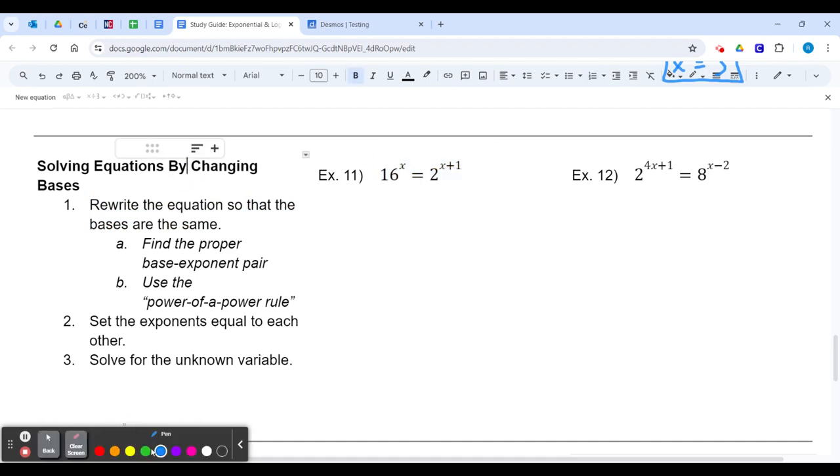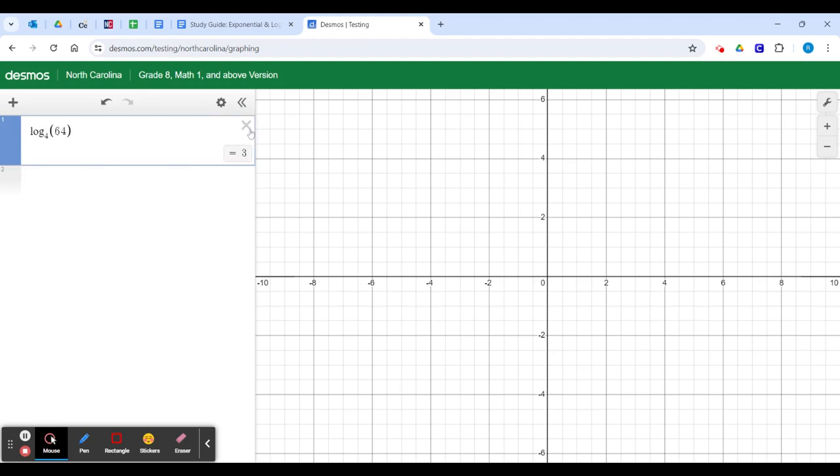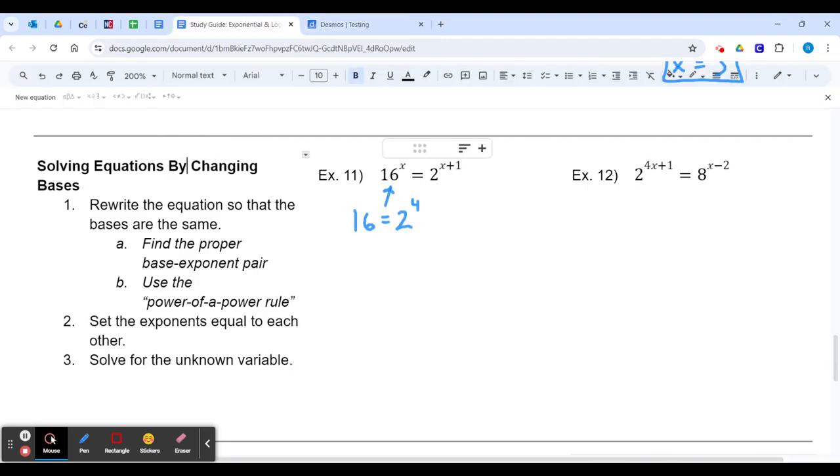So what I want to try to do is rewrite this 16 with a base of 2. And so if I do that, 2 to the fourth power would give me what 16 is. So let me just double check that in Desmos, make sure my math is right. 2 to the 4th power, that does equal 16. Okay, so that is a legal move to then do this.